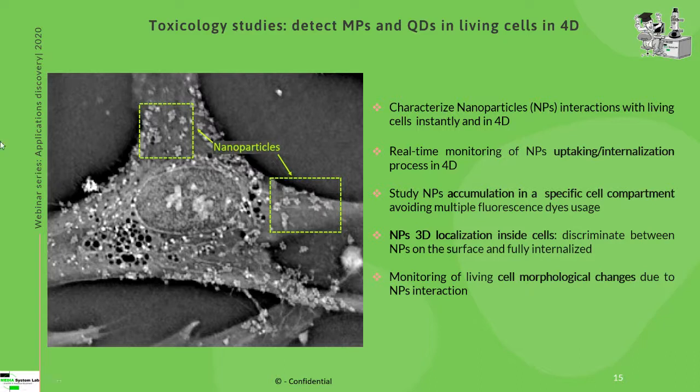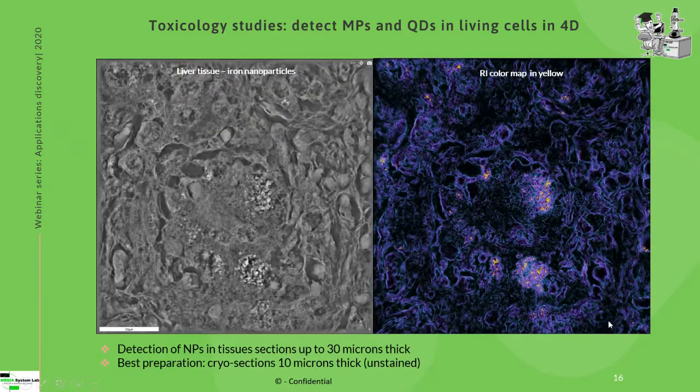We are going to see some of these points on the following slides, but before we go there, let me also just point out that we can spot nanoparticles not only alone, not only in a single cell, but even in tissues. If we are going to process some tissue, you can go up to 30 microns thick.